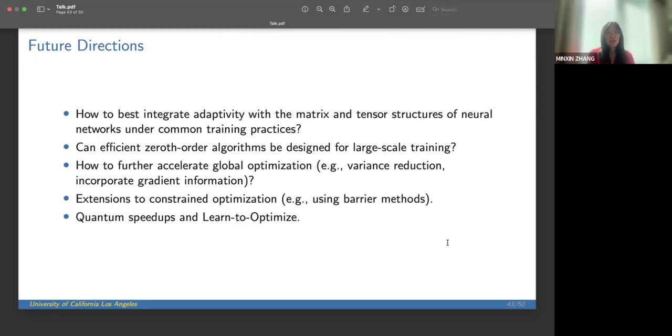And the fifth one is that recent advances in quantum computing and machine learning give us new opportunities to incorporate quantum speedup and also learn to optimize, which is to replace part of the computationally heavy component in an optimization algorithm with a trained machine learning model to further accelerate the optimization.